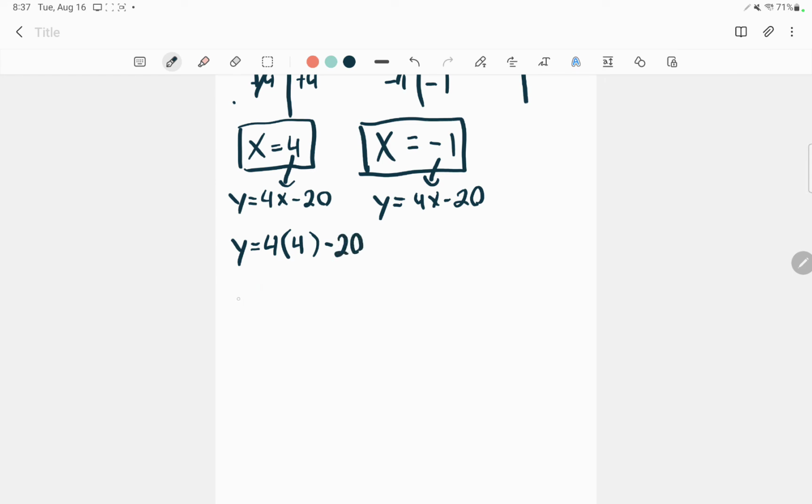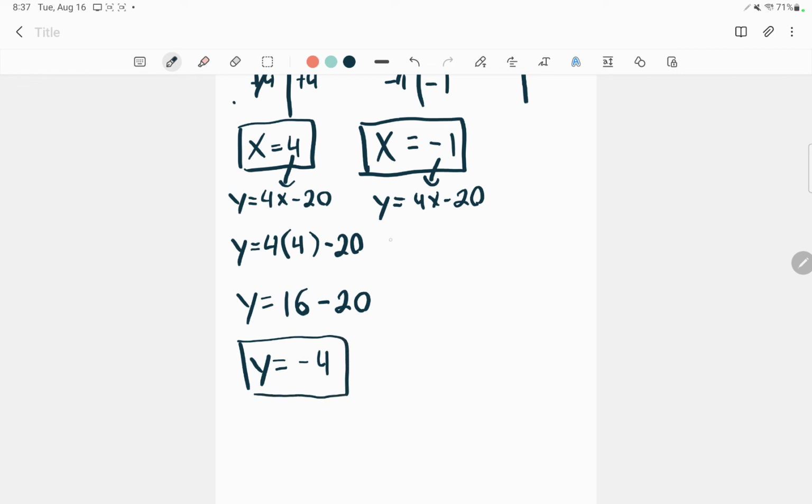Now 4 times 4 is 16, and positive 16 minus 20, which is going to be y is equal to what? Negative 4. Okay, now that makes more sense.